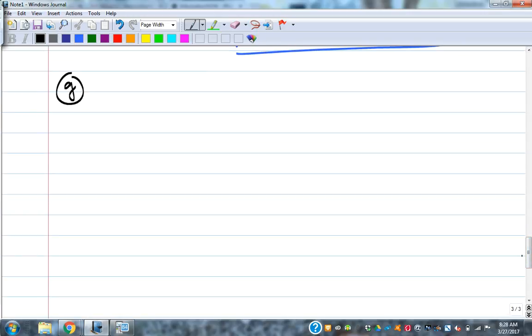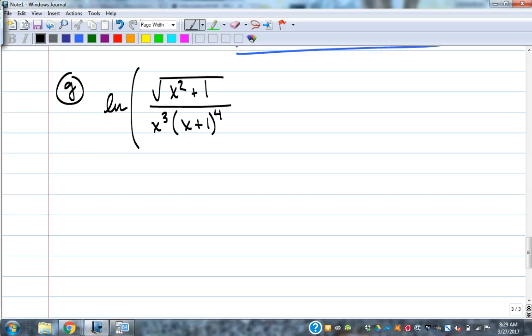Last one of the expansion problems. Let's make it a doozy. Natural log of the square root of x squared plus 1 over x cubed, parentheses, x plus 1 to the 4th. That's a fun one.